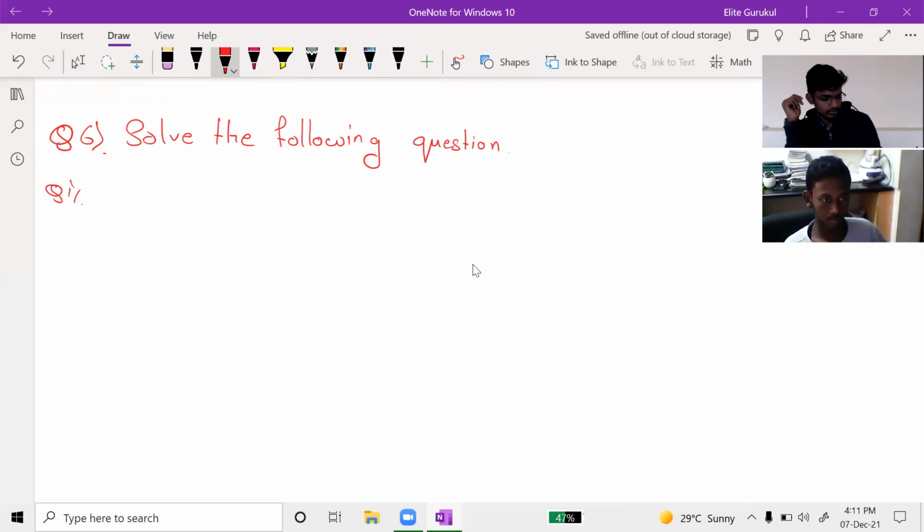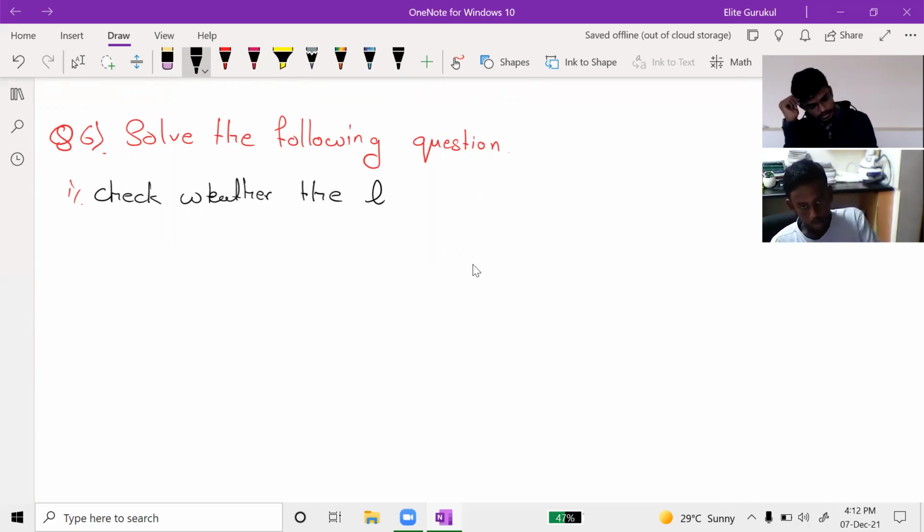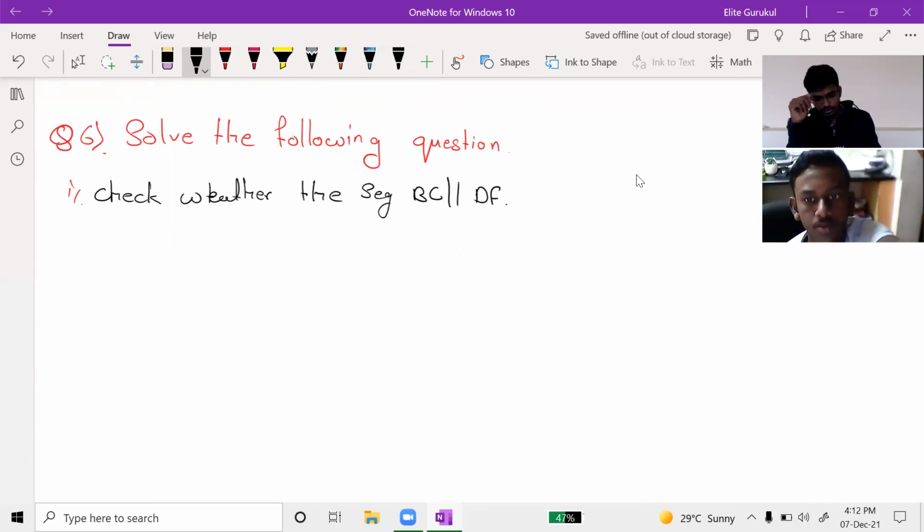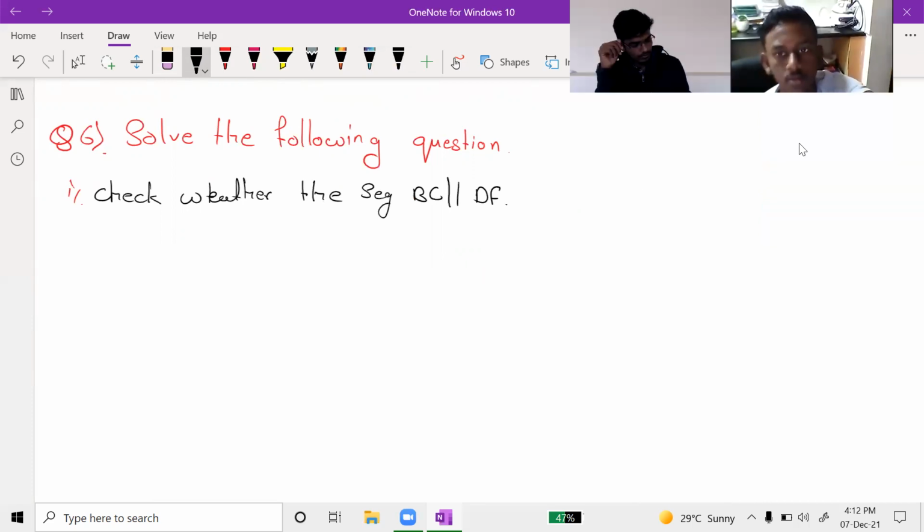Question 1, in the sub question, check whether the segment BC is parallel to DF. And find, first I will draw the diagram.